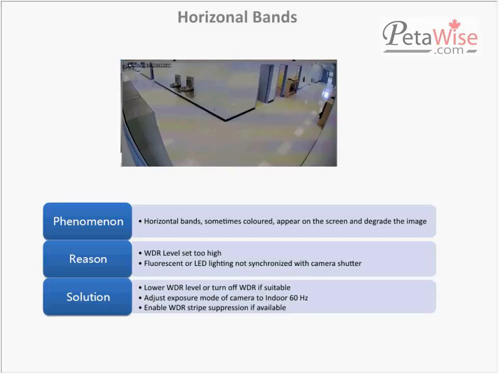These are really caused by two different things. This can sometimes be caused by WDR under certain environments, and if you're using WDR and getting these bands, the first thing you want to do is try to turn off WDR and see if your images are of a good enough quality, as that can help reduce the effect of the bands.